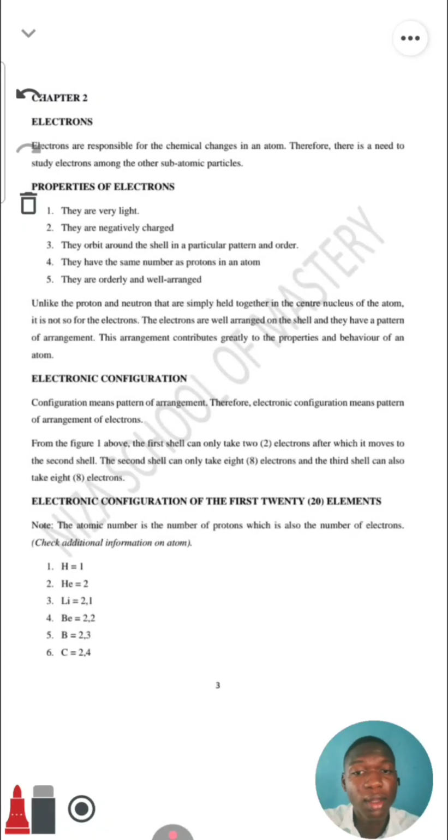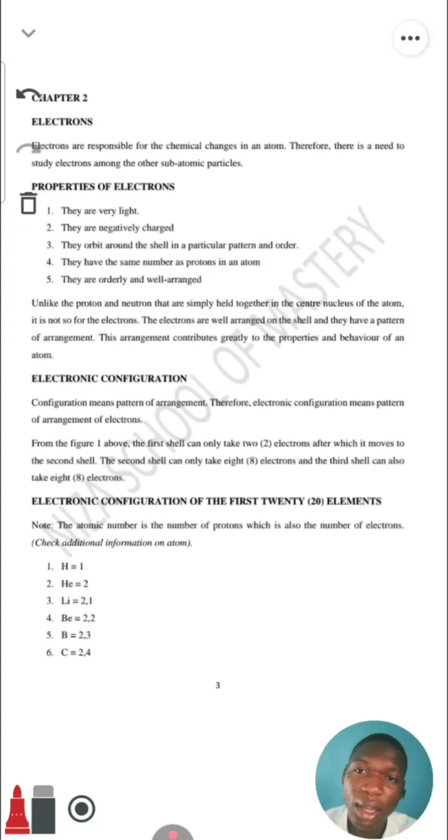Because we've already learned that atomic number is determined by the number of protons. So if the atomic number is 10, the number of protons is 10. That means the number of electrons will also be 10. How do I know that? Because the number of electrons and protons are always the same in an atom. Do you get that now?